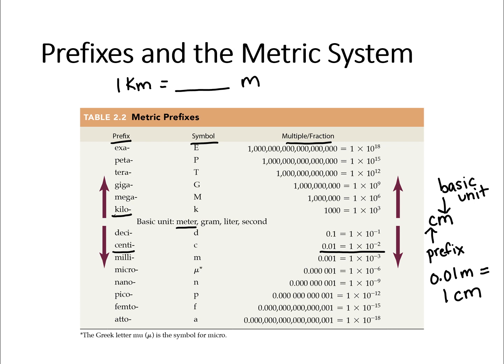You can put that in the chat. Yes, you'd have 1,000. You would have 1,000 meters. So that's how you can read this chart.